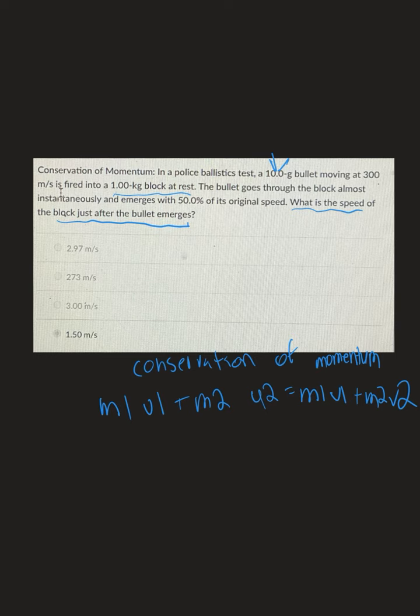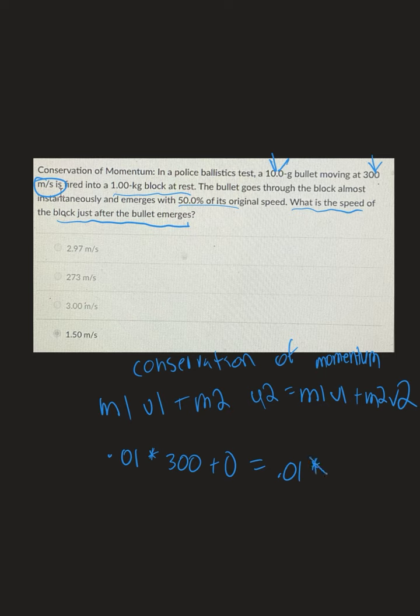Okay, so since it is 50% of the speed, we do 0.01 times 300 because it's moving at 300 meters per second, plus the 0 because the block is at rest. Then same thing on this side.